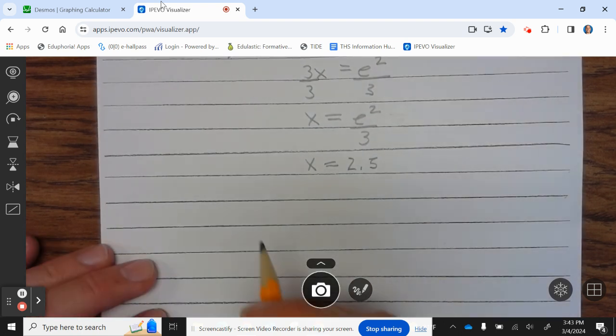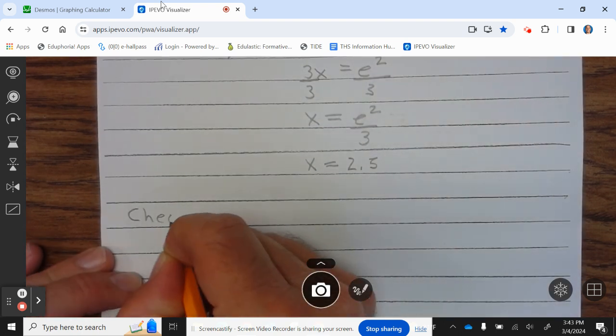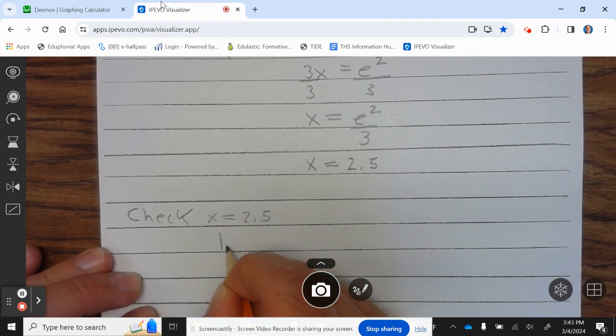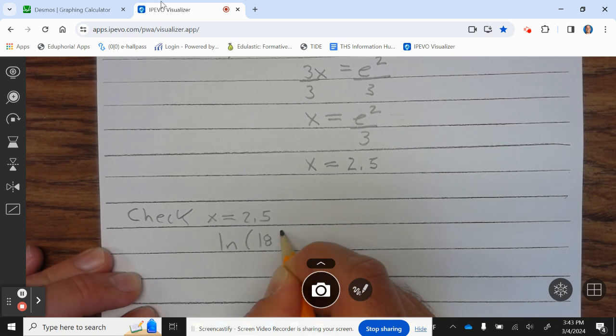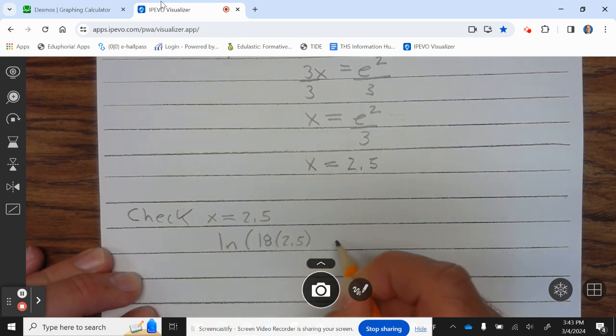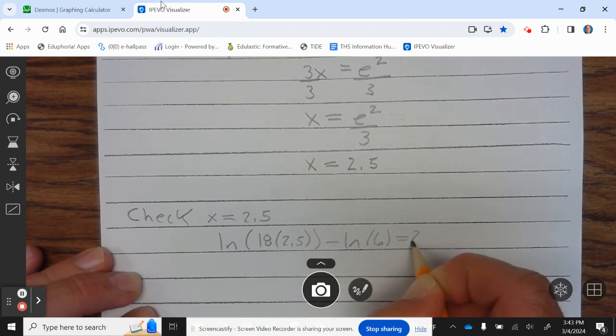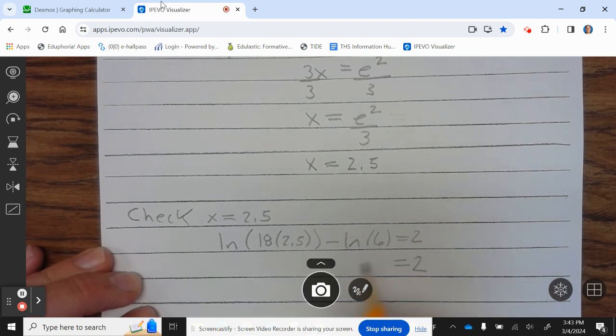All right, let's go ahead and check. Well, we know the right side equals 2. Let's see if the left side does.